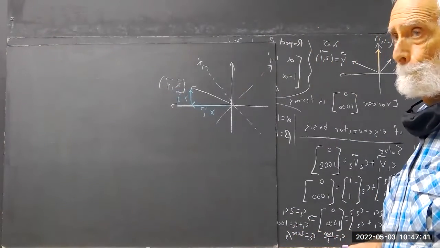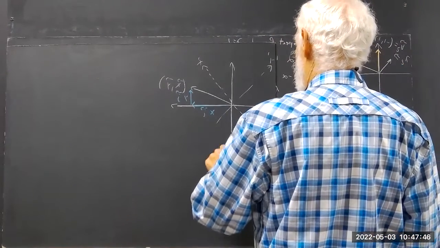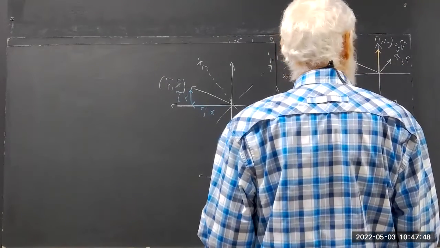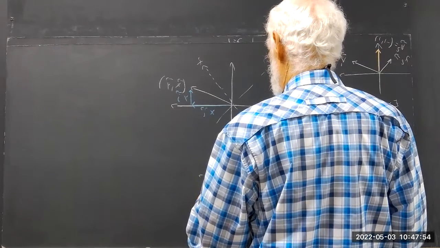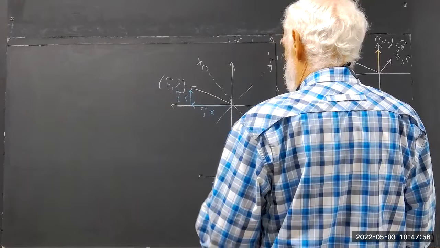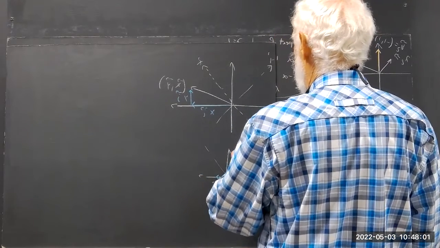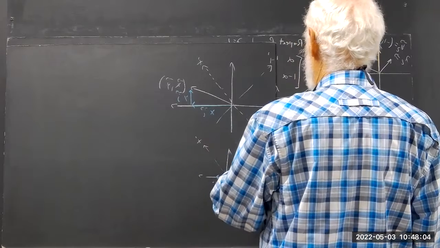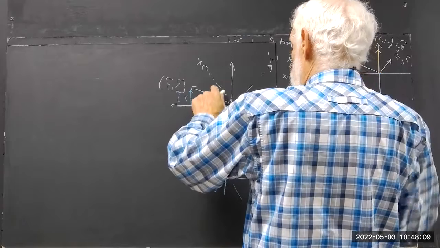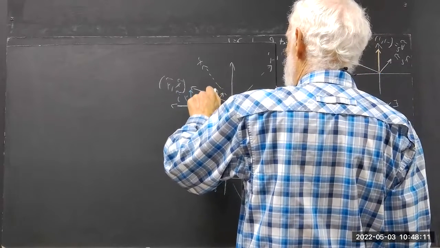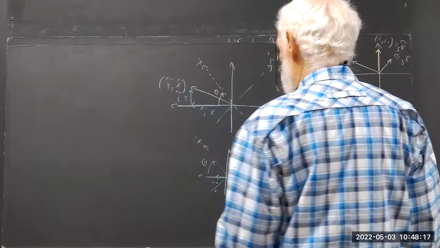Now, the i vector with respect to this rotated coordinate system, and the angle of rotation is going to be theta.